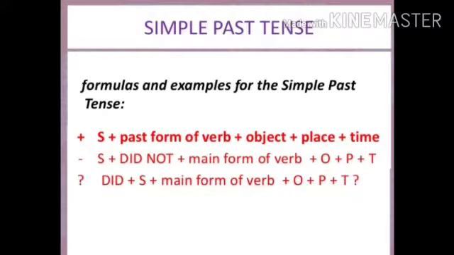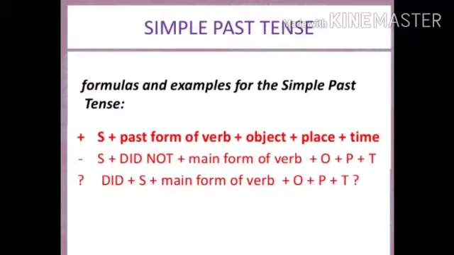As I told you in the simple present tense, the same condition is in simple past: in affirmative sentences we cannot use any helping verb. In other words, in the simple past we do not have any helping verb during affirmative. Only in the interrogative and negative we use a helping verb, and the helping verb for the simple past is did.